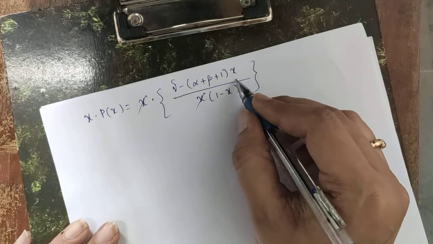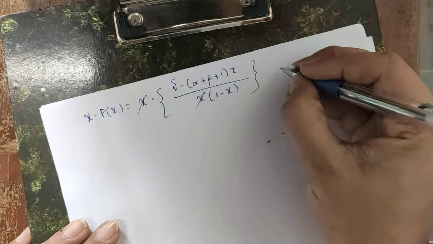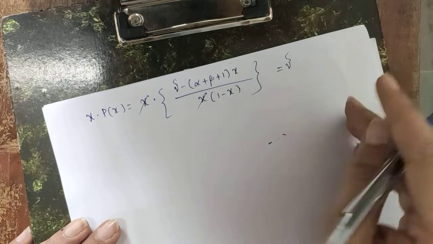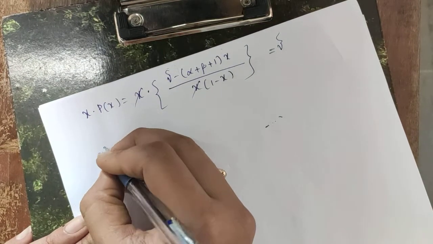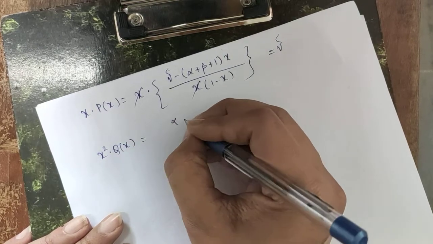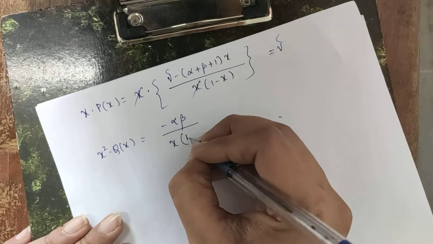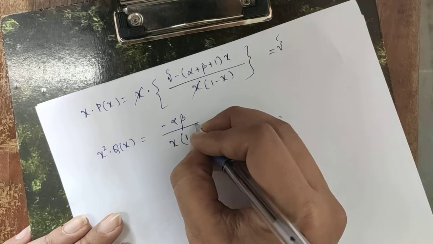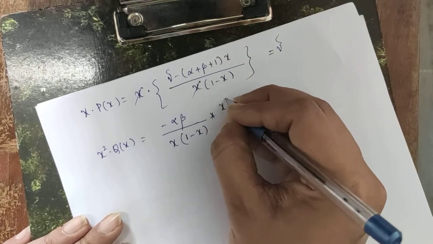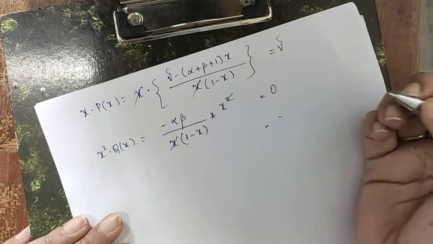So at x is equal to 0, this whole term will become 0, but I will get gamma, right? Similarly, x square into q of x is equal to minus alpha beta divided by x into 1 minus x into x square. So x gets cancelled. This will be 0.